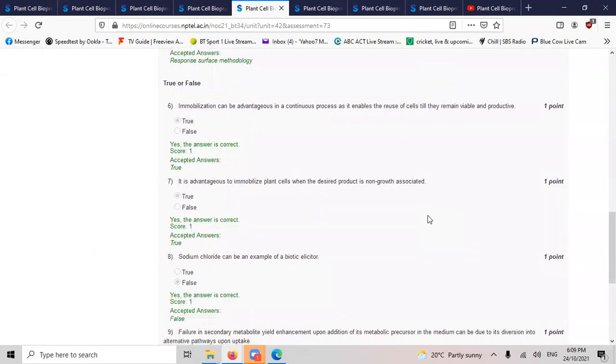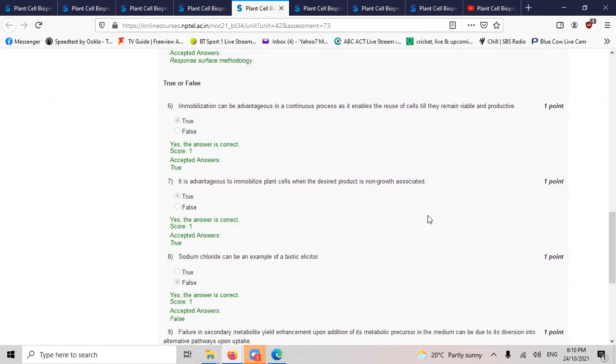Failure in secondary metabolite yield enhancement upon addition of its metabolic precursor in the medium can lead to its diversion into alternative pathways.